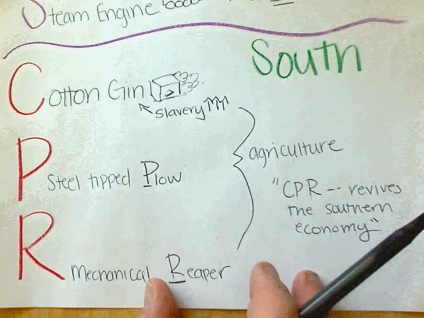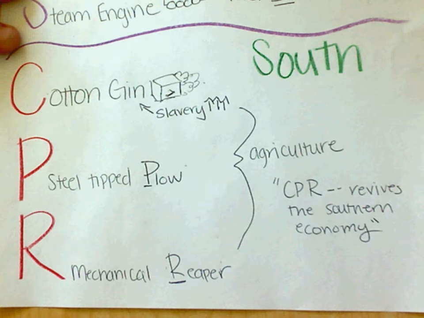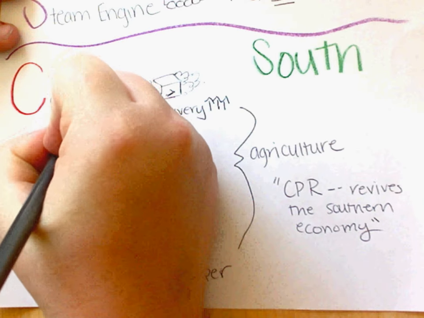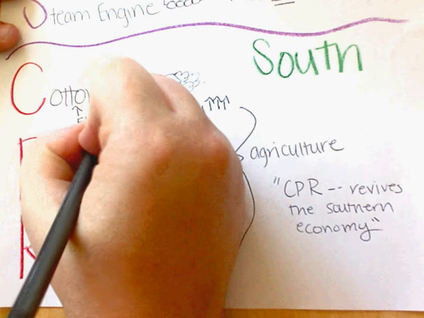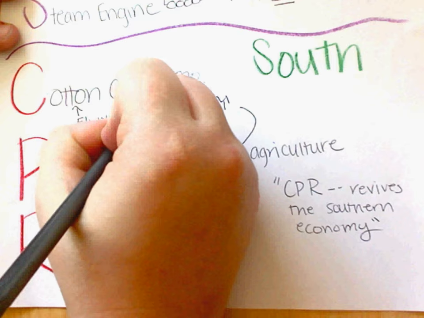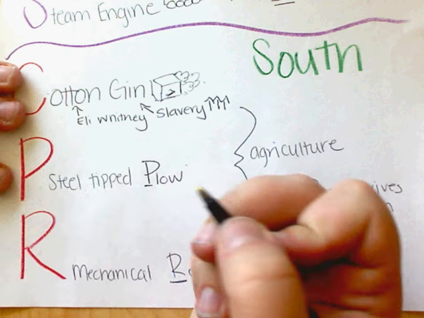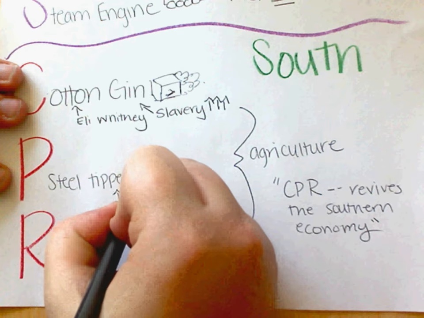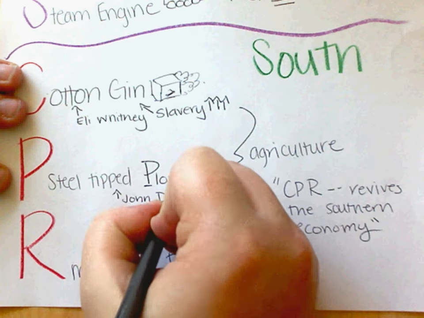Oh, I forgot. We still need to do our inventors. Cotton gin, Eli Whitney. He also invented interchangeable parts, which are very helpful in the North. The steel-tipped plow was John Deere. Sound familiar? It's kind of a big deal these days.